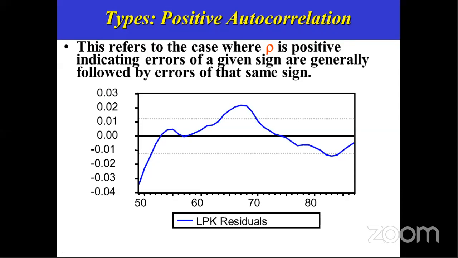So the sign of this rho is the same: positive values followed by positive values, negative values followed by negative values. That's why we call it a positive autocorrelation.